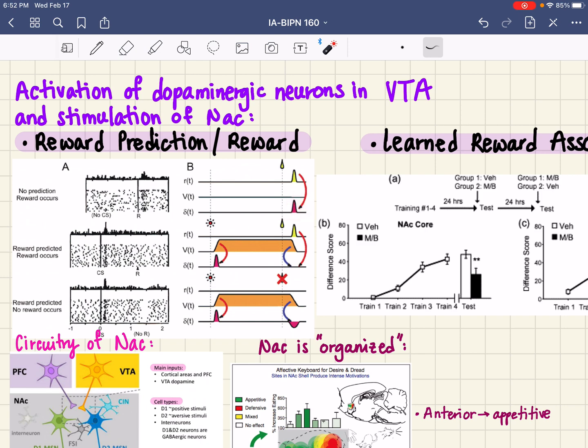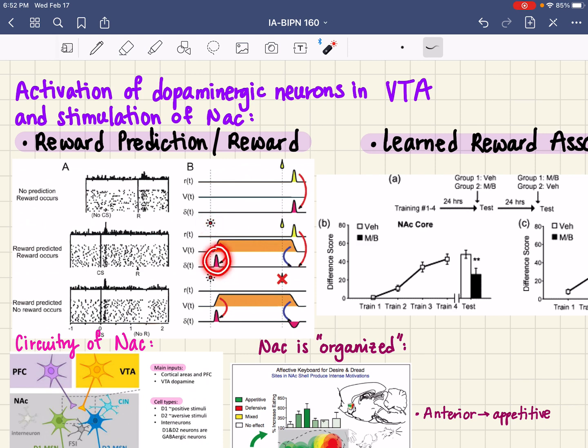However, if you start to pair this reward of sweet juice with a light signal, then the animal begins to realize this and begins to understand that when it is given the light signal, moments later, it will also receive a reward. So, slowly throughout time, the mouse begins to have its VTA neurons activated right after the light signal is given.